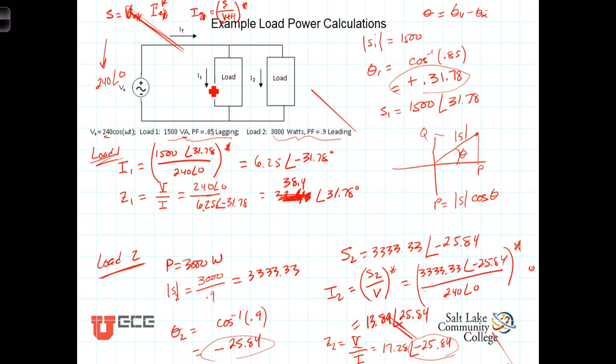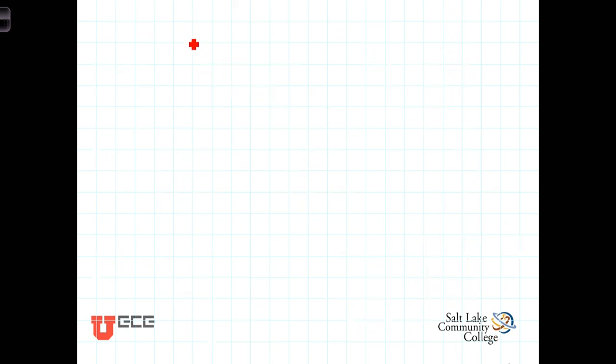So we now know I1, we know I2, we can now calculate the total current. The total current is simply equal to I1 plus I2, where I1 was 6.25 angle negative 31.78, and we add to it I2, 13.89 angle 25.84.